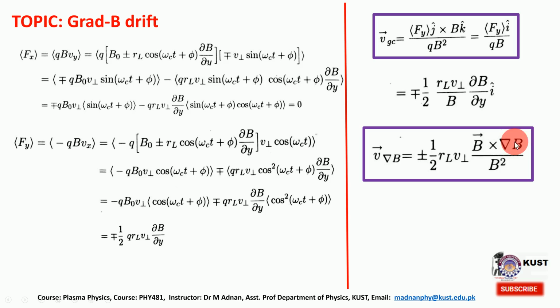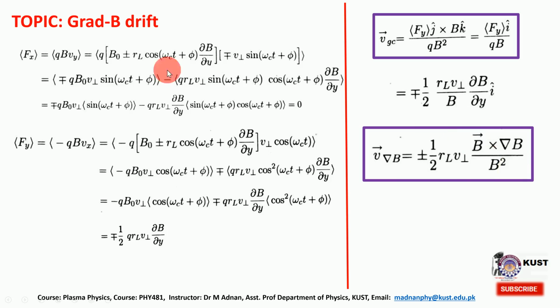In our situation, this del B was partial B by partial y. So you can take any direction of the gradient, and you can take any direction for the applied B field. In our case, it was the z-axis, so that the drift was along the x-axis.